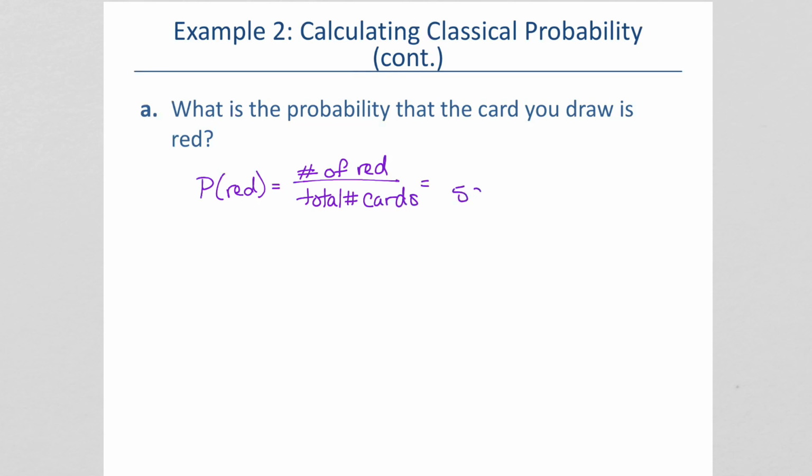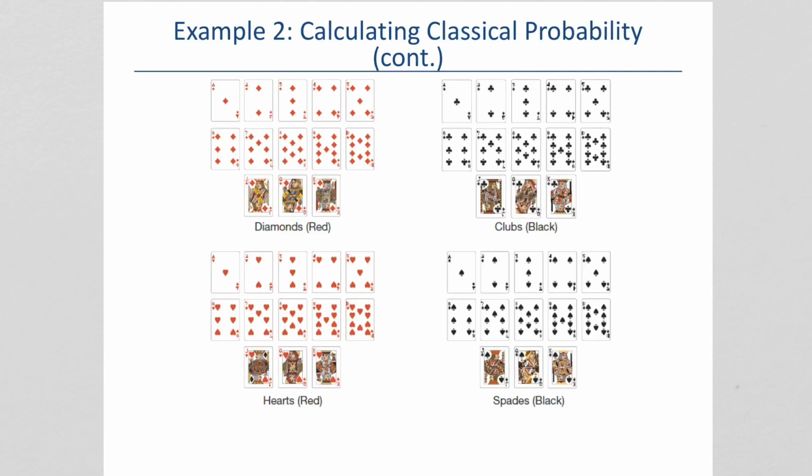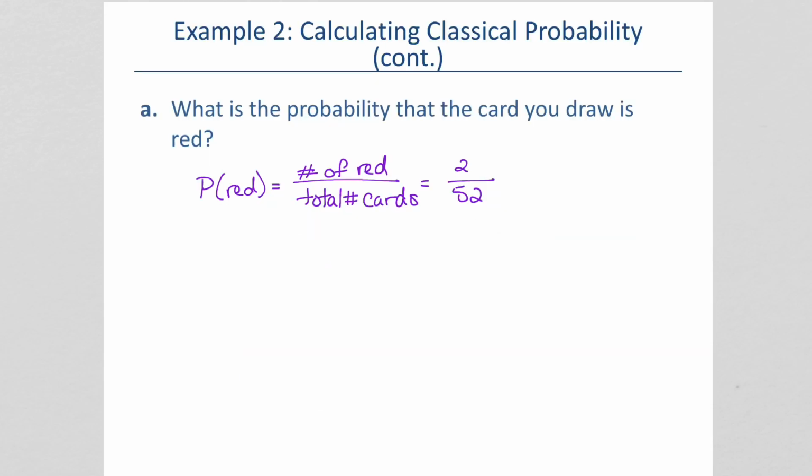So we know the total number of cards is 52. If we look back at our picture, we can see, if you count them up, 26 of them are red. So the probability that you draw a red card is 1/2, or you could change that to a decimal, 0.5.